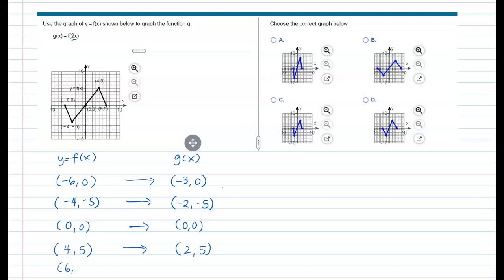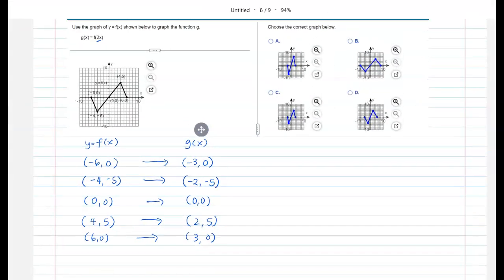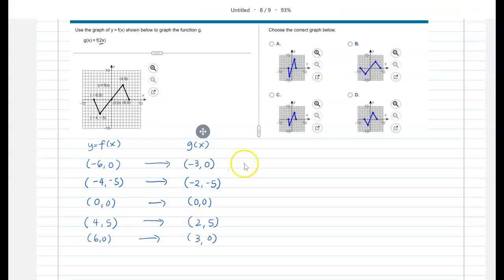And the 6, 0 will go to 3, 0. So if you examine the points, it will behave the same way as this graph, but it's just shrunk in the horizontal direction. So it looks like this would be the graph. They behave the same way, but it's a little bit shrunk.